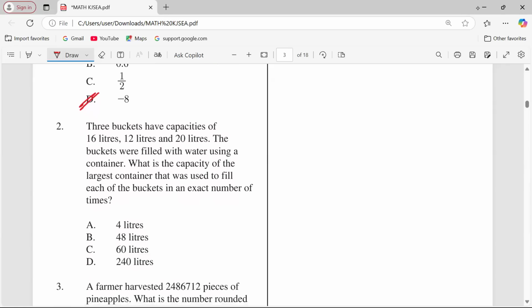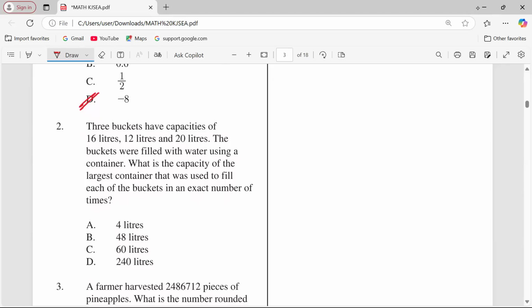Number 2. 3 buckets have capacities of 16, 12, 20 liters. The buckets were filled with water using a container.